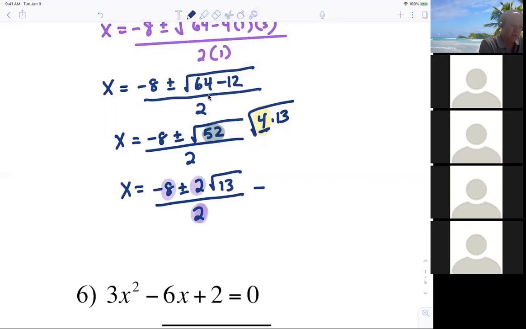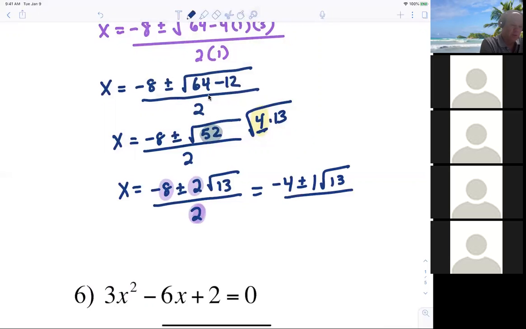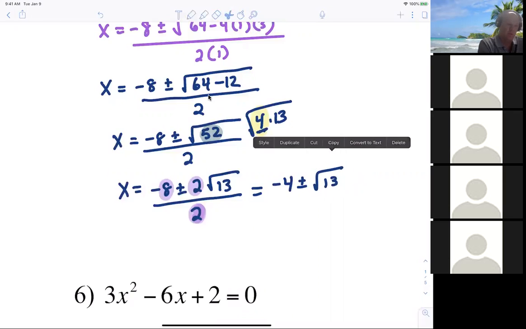So your final answer is -4 plus or minus 1 radical 13 over 1. Now, is it necessary to put over 1 and the 1 in front of the radical? The answer is no. So let's not do that. So your final answer is just -4 plus or minus square root of 13. Okay? Everybody good?